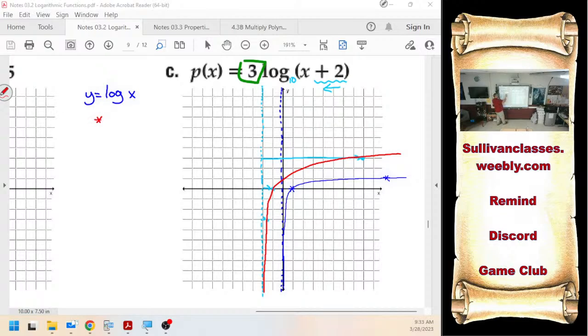And then I would say vertical stretch or dilation by 3, a horizontal translation left 2. Okay.